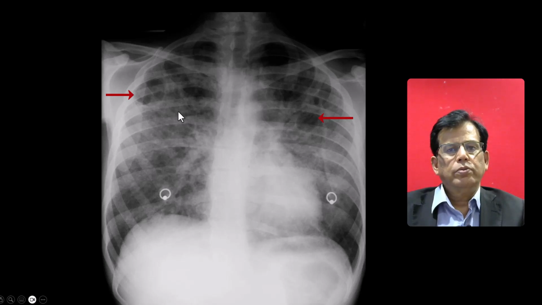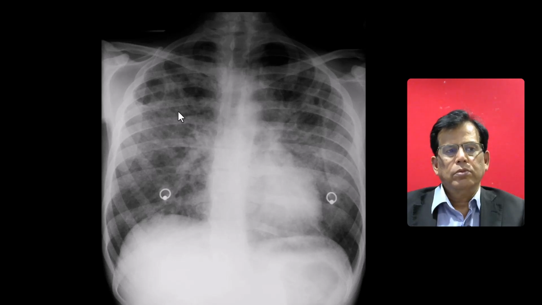So a component of fibrosis and a component of emphysema. My first differential would be presence of both combined pulmonary fibrosis and emphysema.